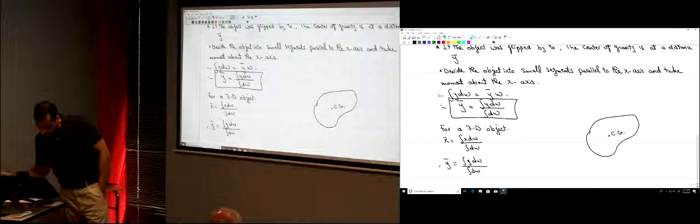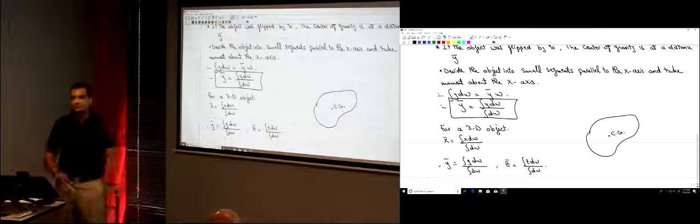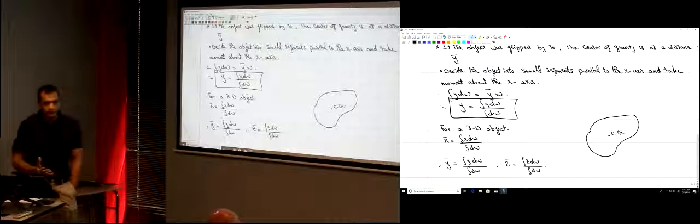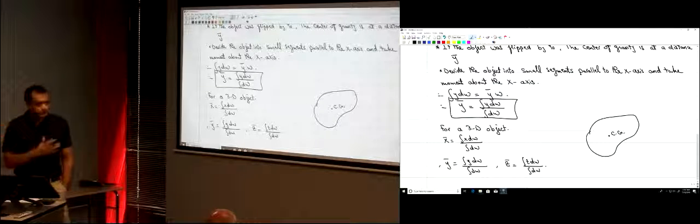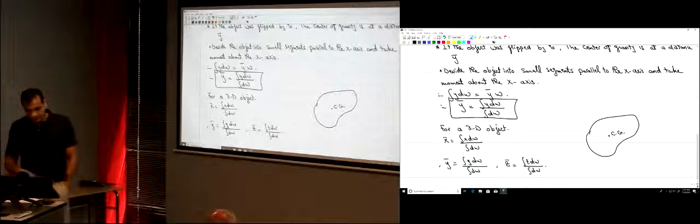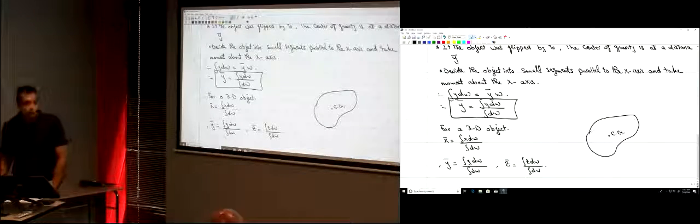And z bar is the integration of z dw divided by the integration of dw. That's the center of gravity of the 3D object. This is how you can find it. You have to divide it into slices in all three directions. Each time you find the x, the y, the z coordinate of those.